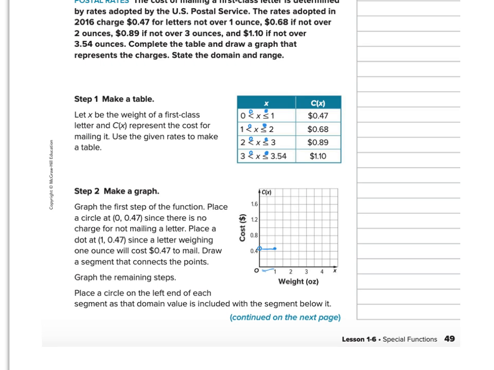Then at 68 cents, roughly right here, to 2, and then 89 cents, roughly here, because it's an estimate, I'm not perfect, to 3, and then from 3 to 3.54 is going to be $1.10, which is about here to here. And that is how I would graph my step function.